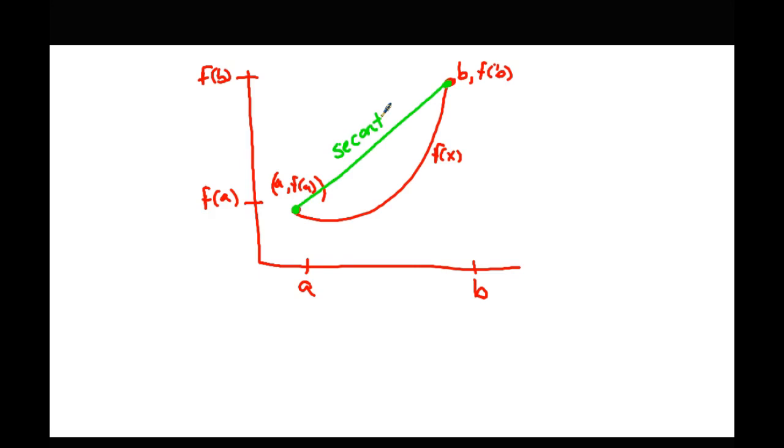Average rate of change. Yes, it tells us the average rate of change. What's another word for average? The mean. So, our lesson today is on the mean value theorem.